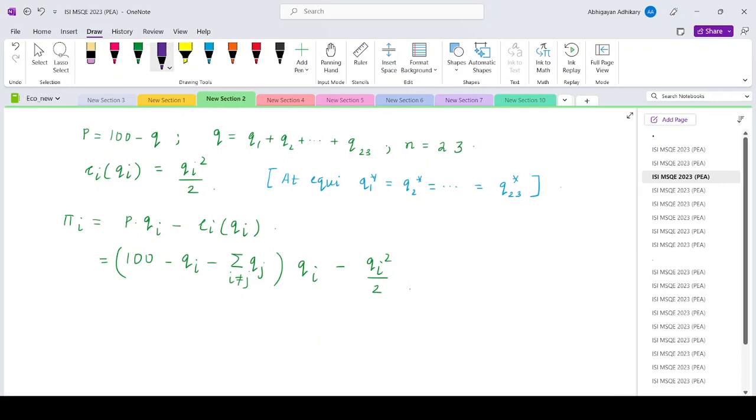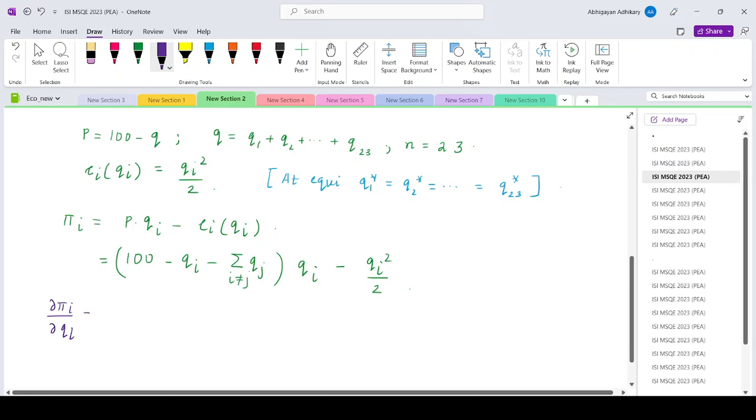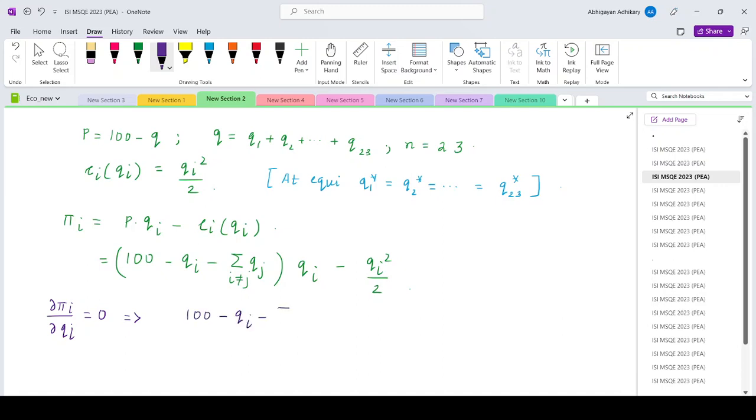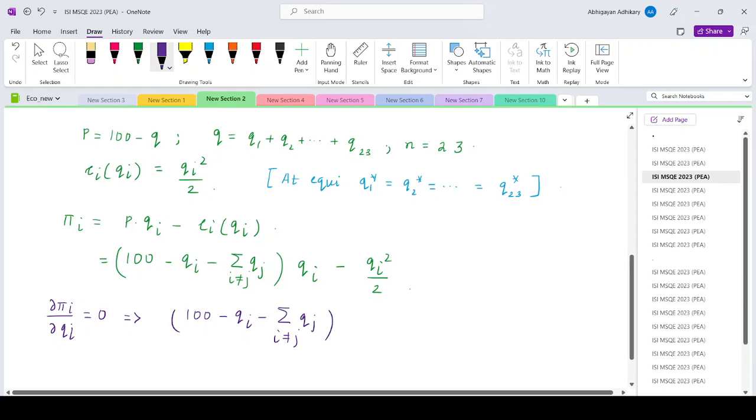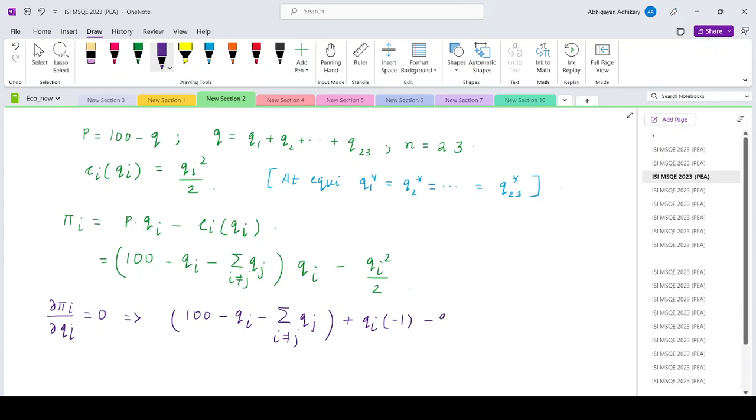Now for the Cournot optimal, the firm will choose the level of output that maximizes profit, so ∂πi/∂Qi = 0. This will give you 100 - Qi - Σ_{j≠i} Qj + Qi·(-1) - Qi = 0.